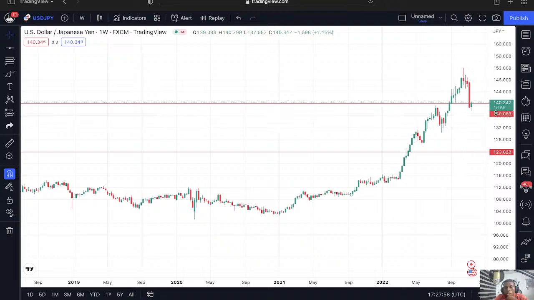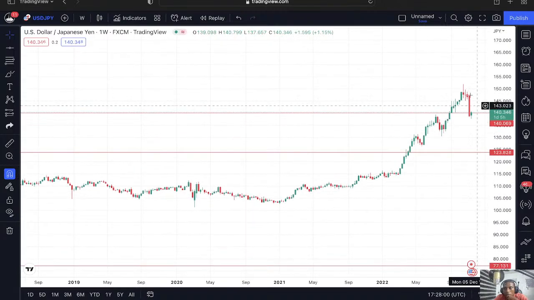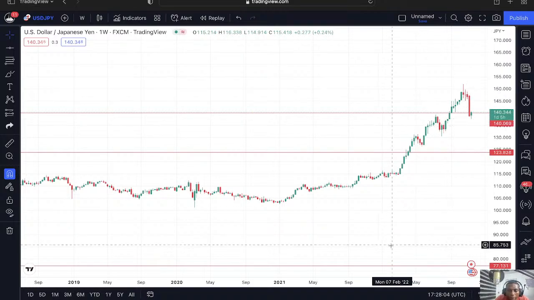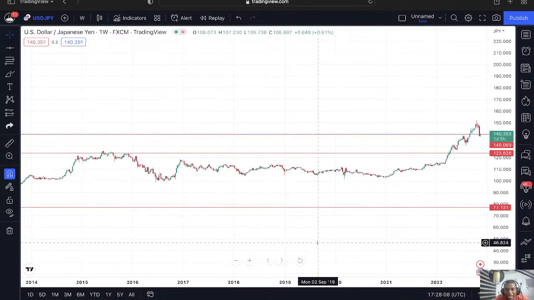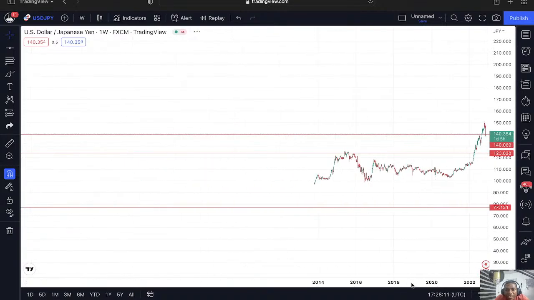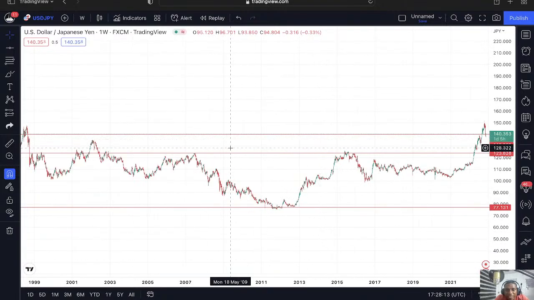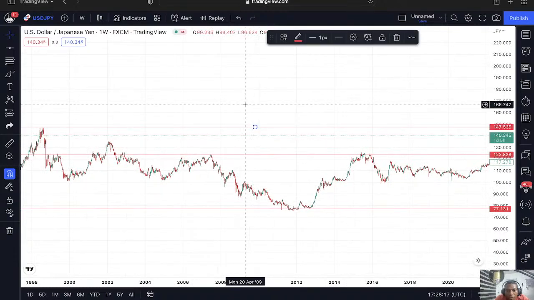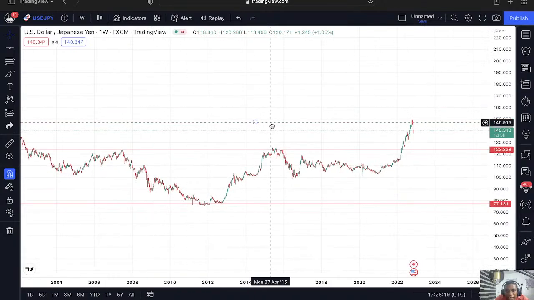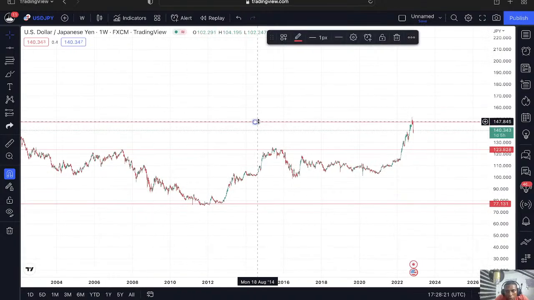It is showing us that there is bearish momentum. Don't forget this level is a key level of resistance zone.